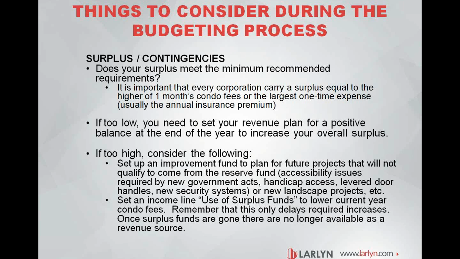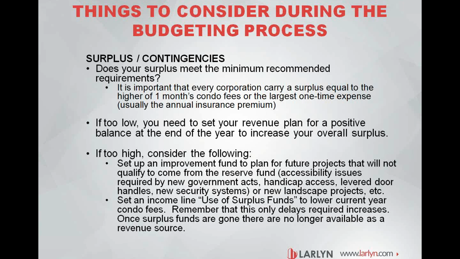If it's too high, you're going to have too much of a surplus, then you need to consider the following: setting up an improvement fund to plan for future projects that will not qualify to come from the reserve fund, or new landscape projects. You want to put that money aside and still account for it.